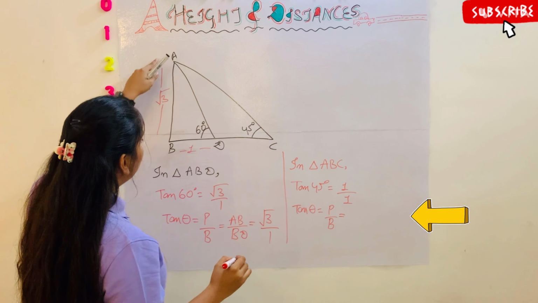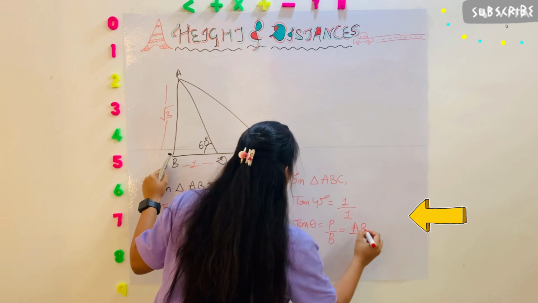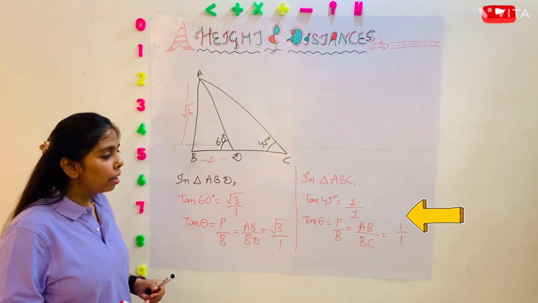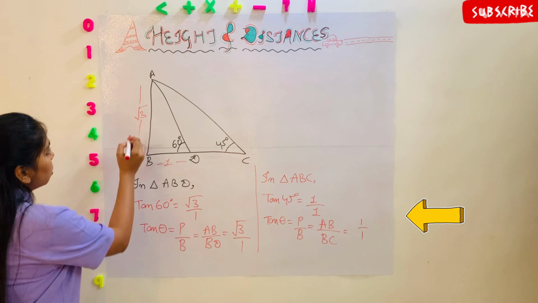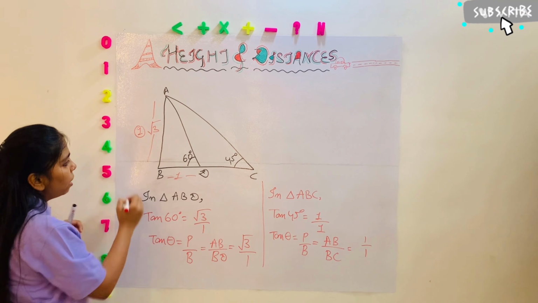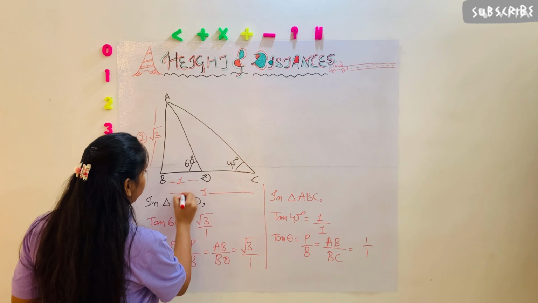Here the perpendicular is AB and the base is BC. So the value of AB is equal to 1, and the value of BC is also equal to 1.